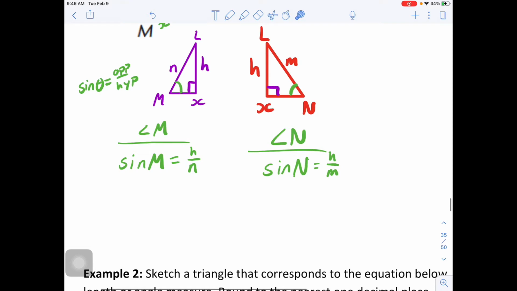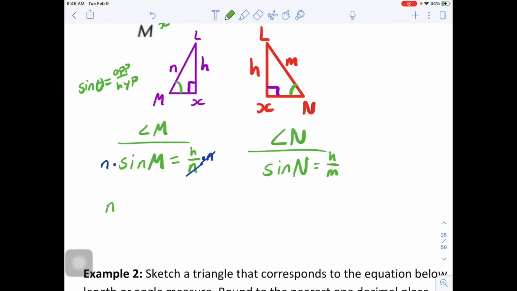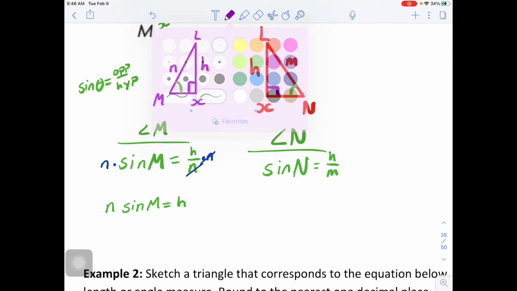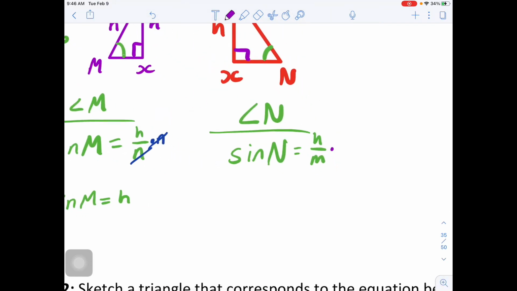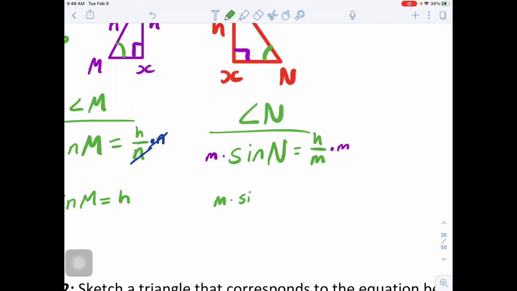So now for both, let's solve for h. In this case, I'm going to multiply both sides by n to cancel out my n. Now I have n times sine M equals h. I'm going to do a similar thing over here and solve for h. I'm going to multiply by m, and we can see that m times sine N equals h.